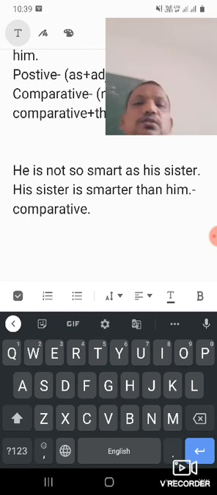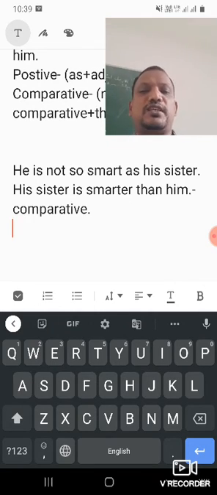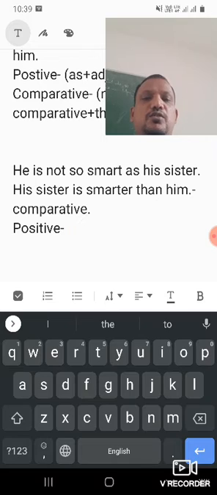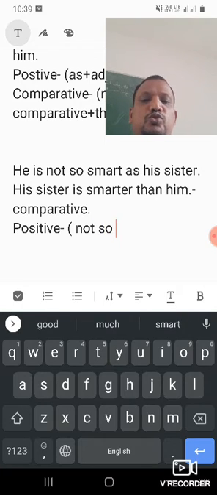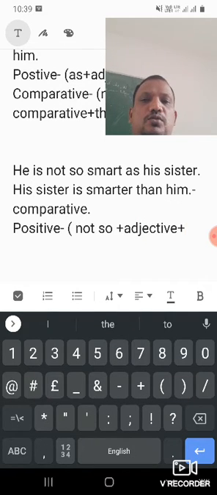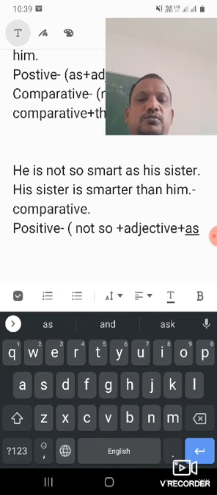For this type, the format in the positive degree will be: not so, followed by adjective, and then as.